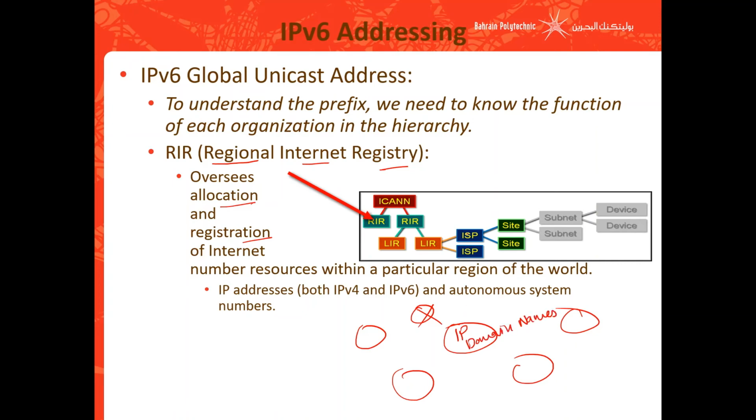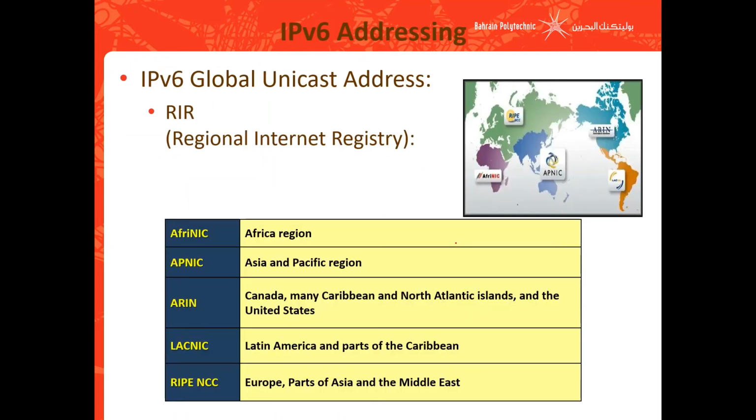Okay, so if we take a look at it, there are different regions. There are 1, 2, 3, 4, 5 regions, and we belong here because we would be in the Middle East, right? And it's controlled by, I think, Europe, or it's run by Europe. So this RIR is run by Europe, or is managed by Europe.